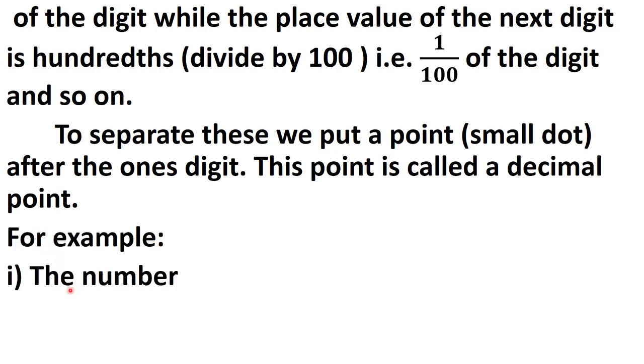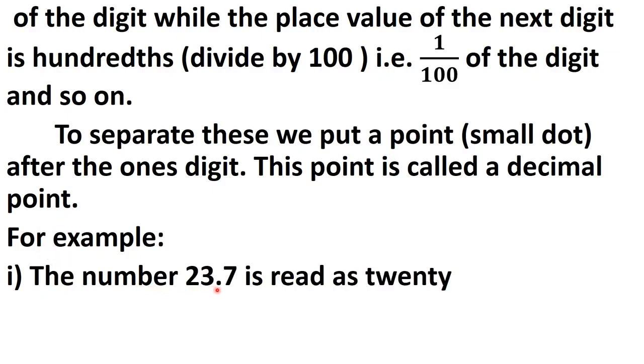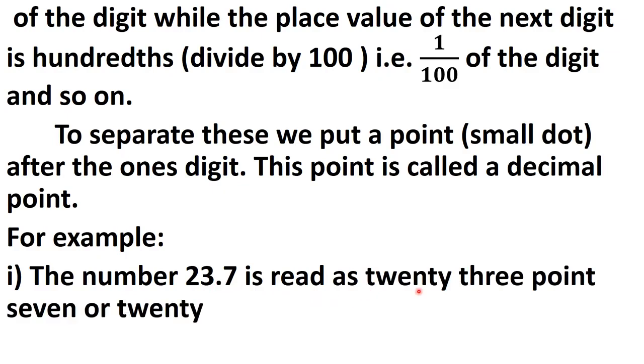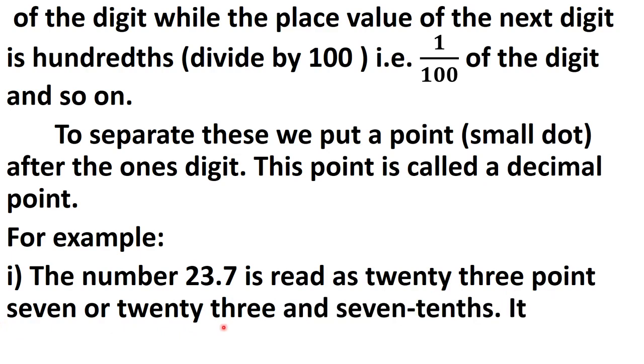For example, the number 23.7 is read as 23 point 7 or 23 and 7 tenths, because 23 here is a whole number.